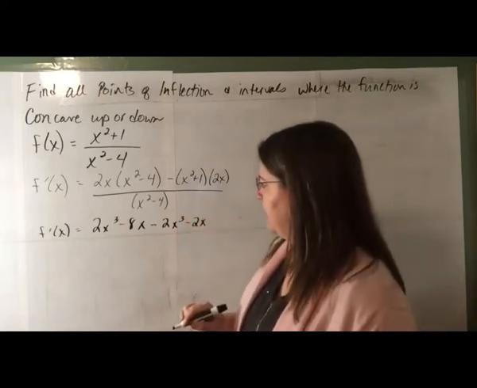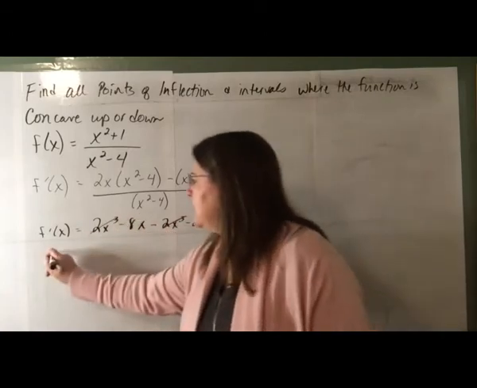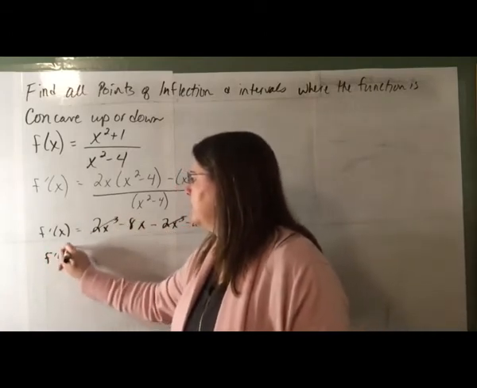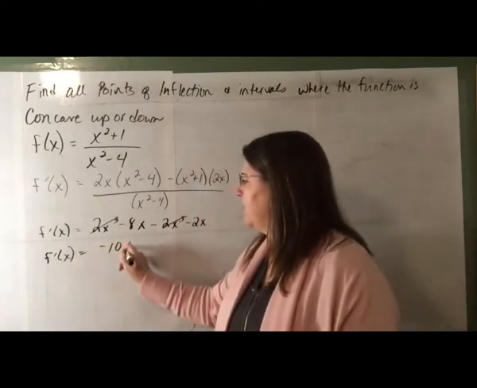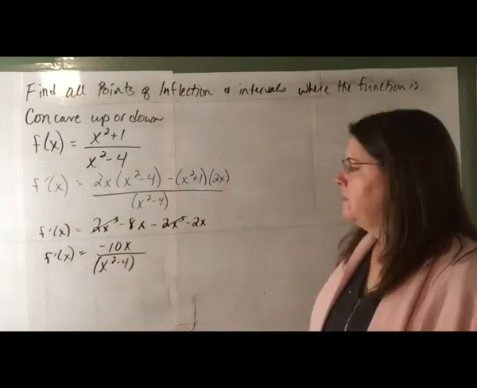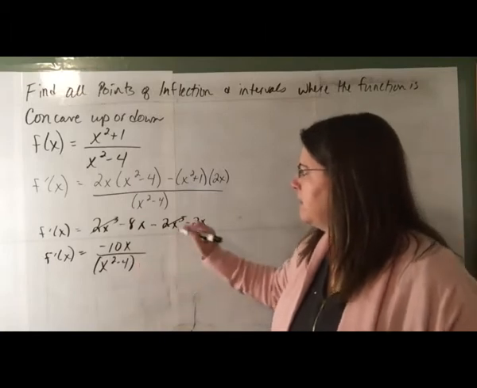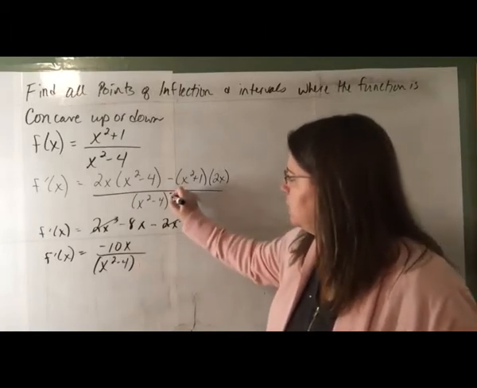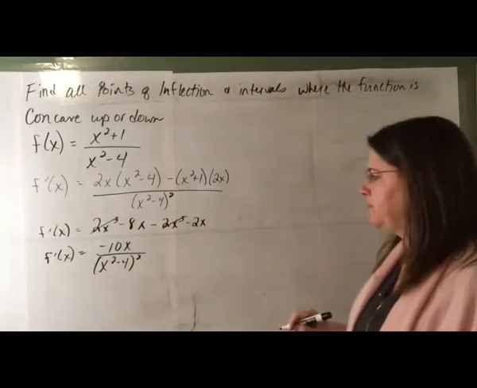And then if I simplify, the 2x cubes are going to cancel. So that leaves me for f prime of x, on the top, negative 10x over x squared minus 4, and I did forget to square that. So that bottom has to be squared for the quotient rule.